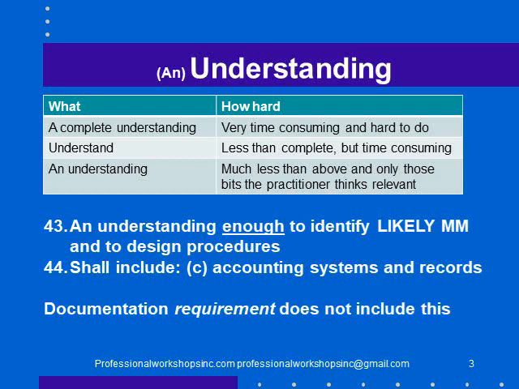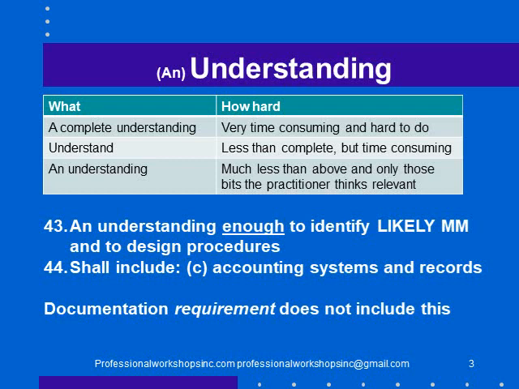You'd have to know about research and development, you'd have to know about marketing, you'd have to know about future plans, you'd have to know about personnel policies, hiring policies. There'd just be an enormous amount of stuff that you needed to obtain, and that's impossible, and that's not what it says. It doesn't say a complete understanding.